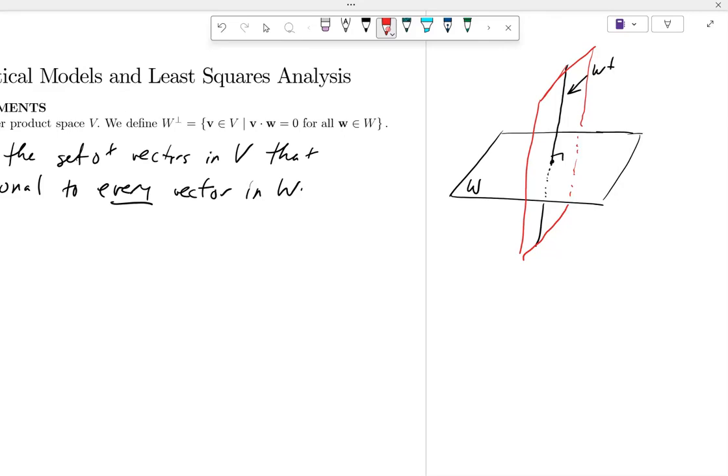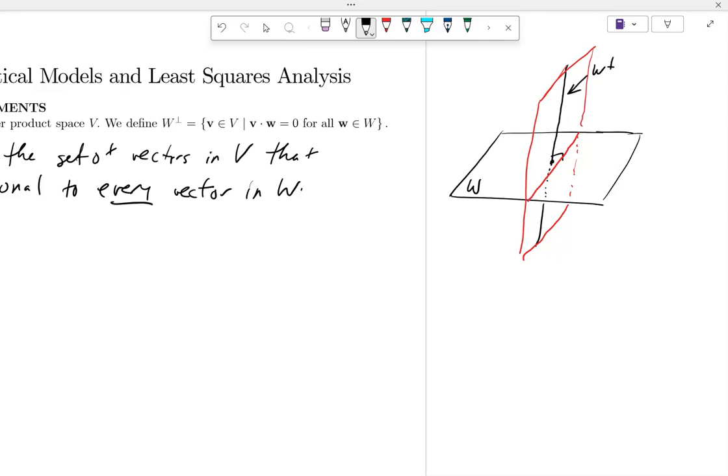No. For example, if I look at this line where they intersect, those vectors are in both planes at the same time, right? They can't be perpendicular to themselves. So that perpendicular plane idea won't work, because any vector that's in this line of intersection, if it's in the orthogonal complement, would have to be perpendicular to itself, which it's not.